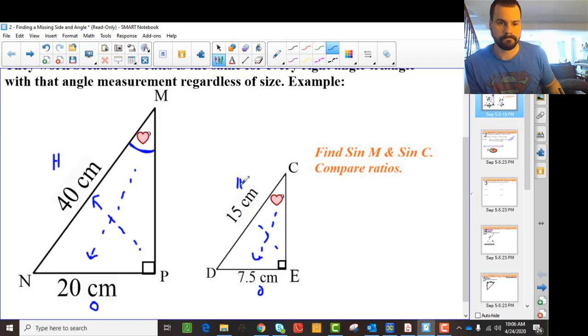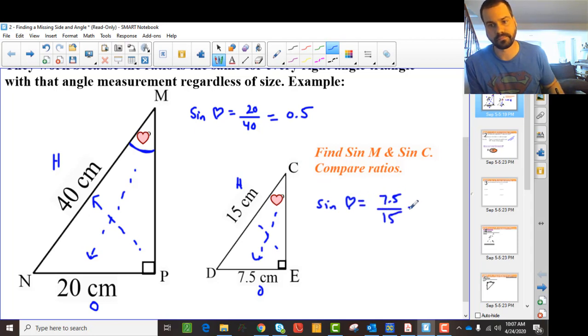If I take the sine of the angle, here it's 20 over 40, opposite over hypotenuse, which is 0.5. Here the sine of the angle is 7.5 over 15, which is also 0.5.